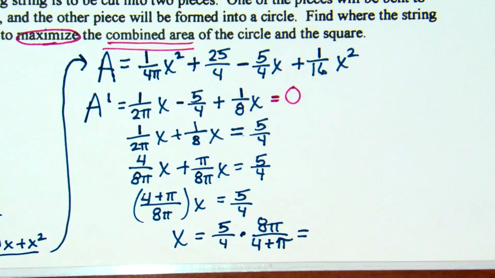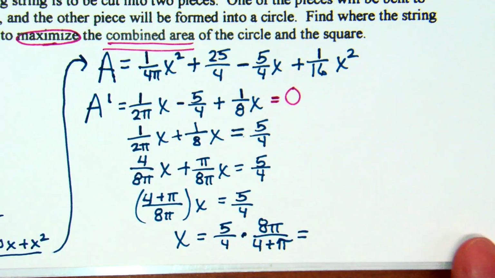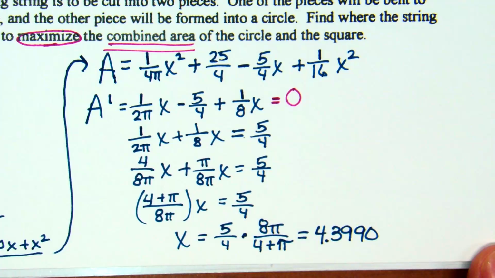So, did you get a decimal, Daryl? 4.399. Yep. I have written down 4.3990. What is this 4.3990? It is a critical point.